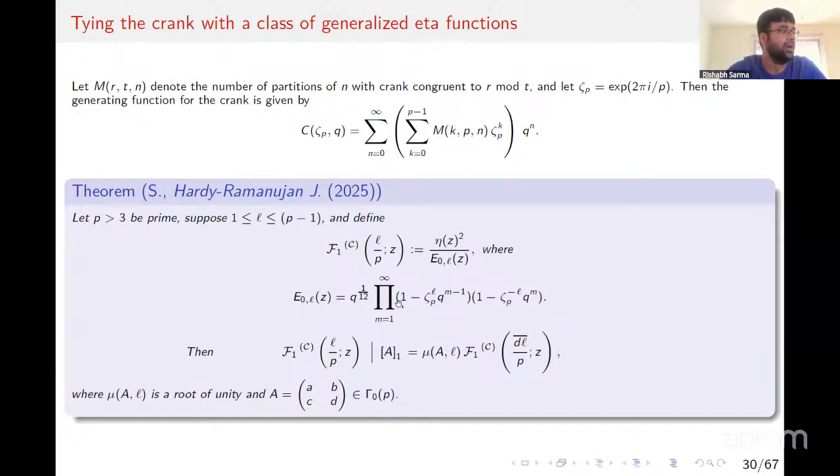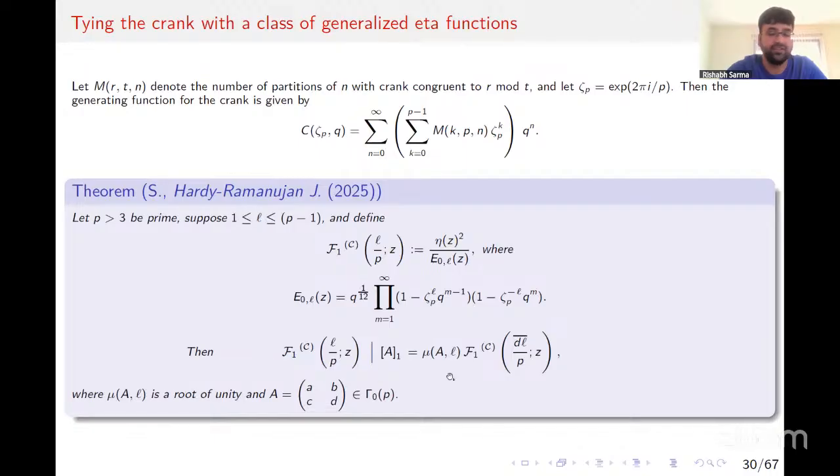Then we tie the crank generating function to a class of generalized eta functions which are related to Klein forms, and the transformation of these Klein forms is well known.